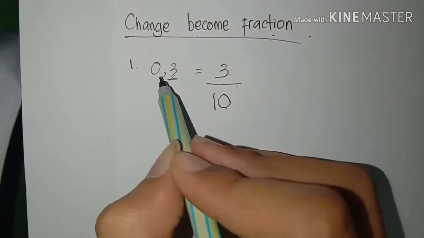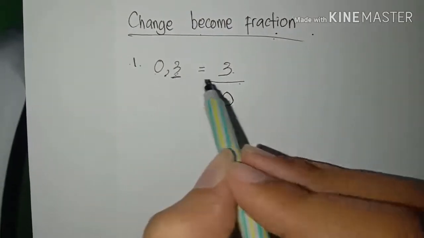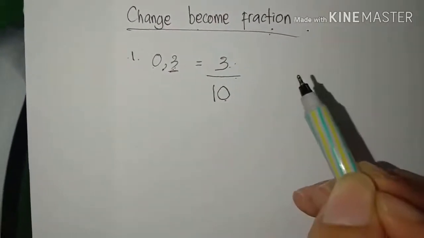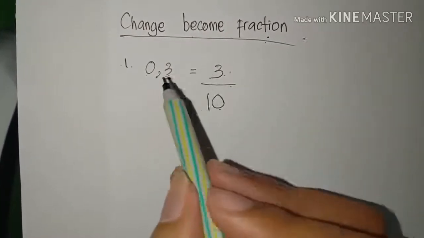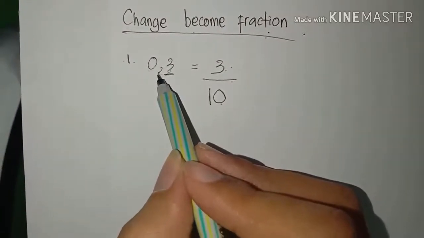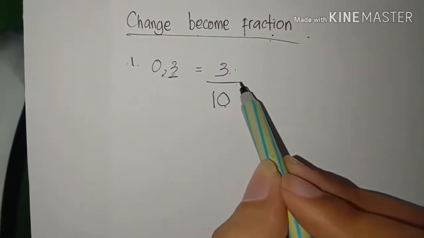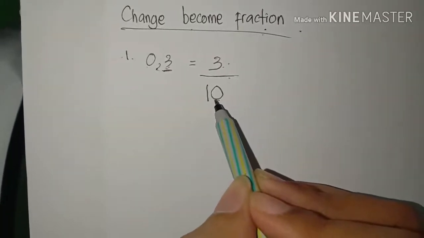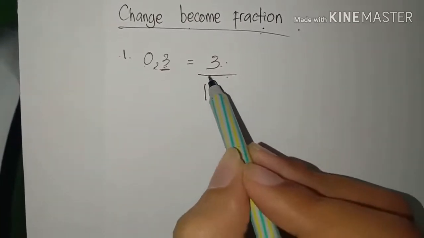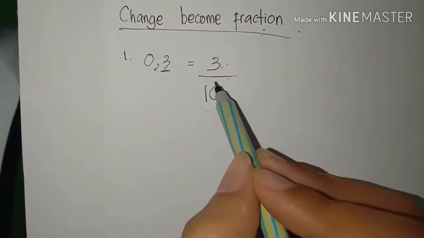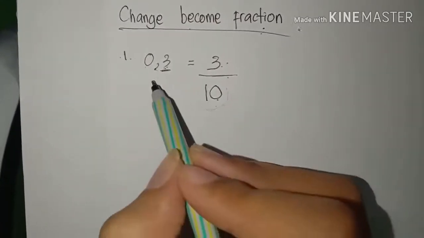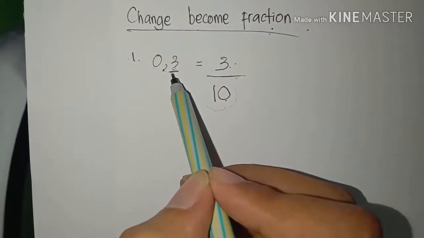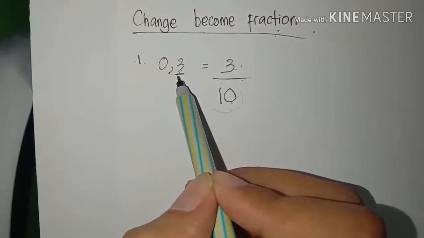The number behind the point you can write first on the top, and then you can write per, and for the bottom of the per, how many numbers are behind the point?